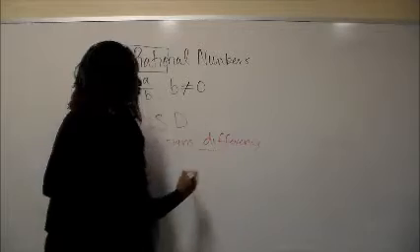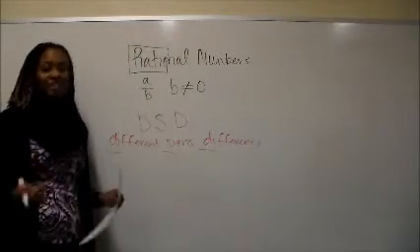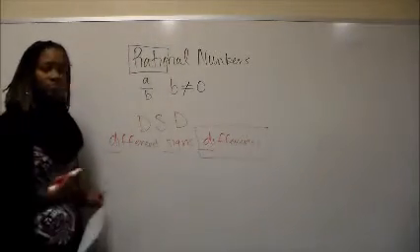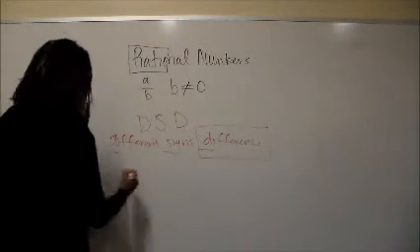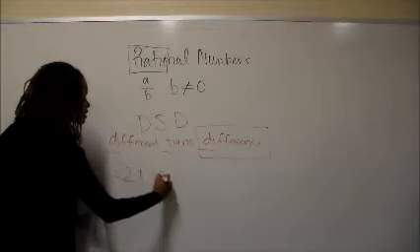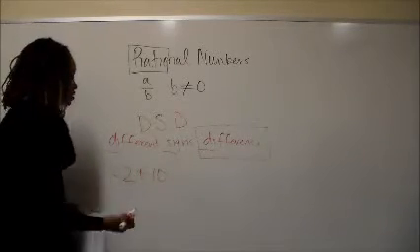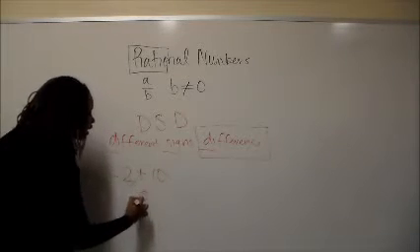Different signs, difference. So if they have different signs, you are going to find the difference. So if I have negative 2 plus 10, well, what's the difference of negative 2 and 10? Well, that'll give me 8.